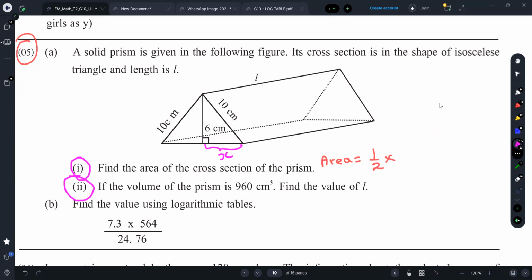Then 6 squared plus x squared equals 10 squared. X squared equals 100 minus 36. X squared equals 64. X equals 8. If this is 8, then the whole base is 16.